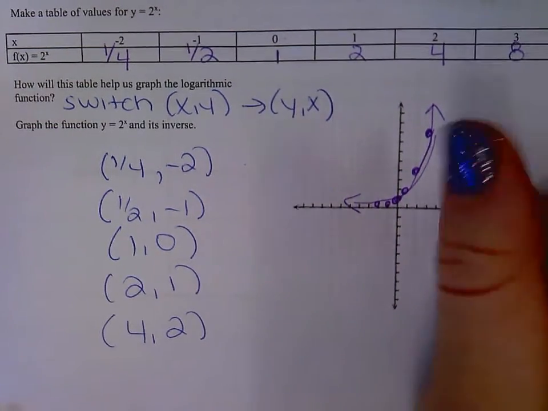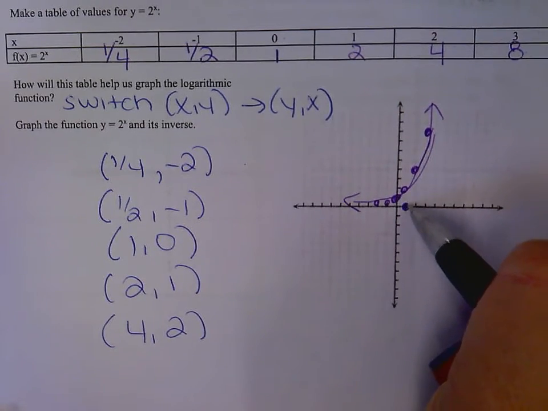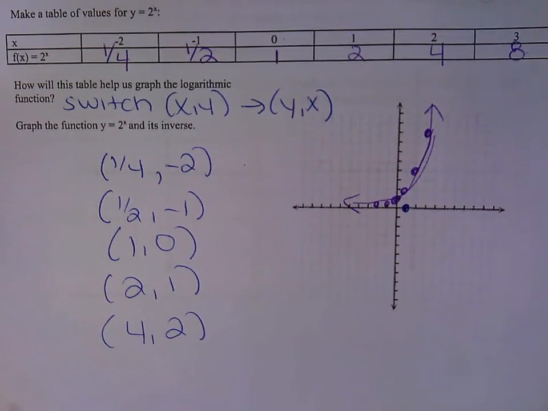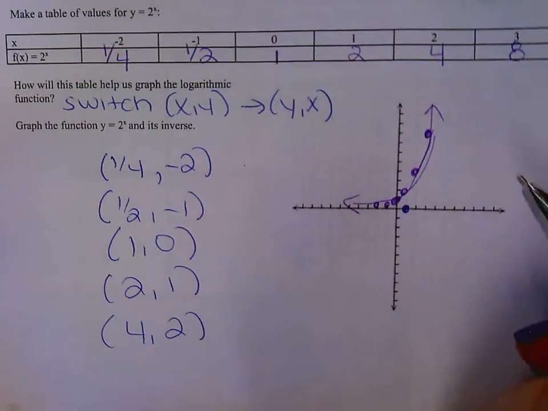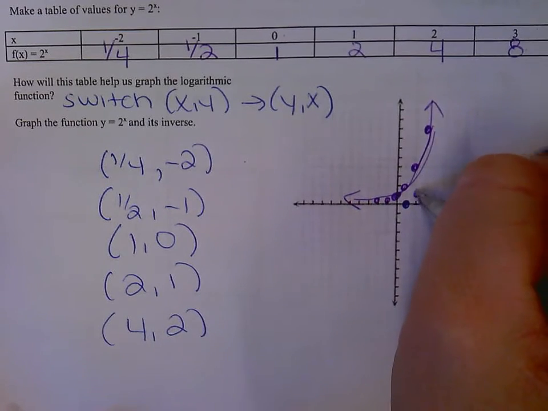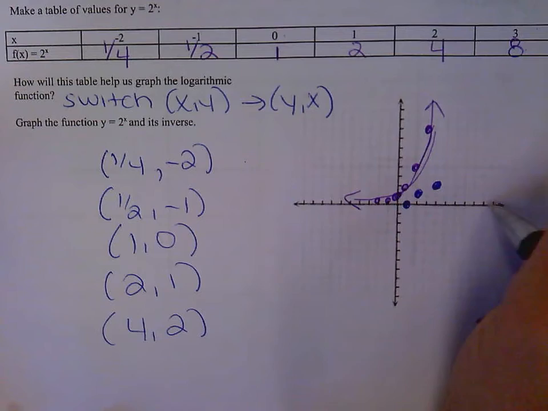So I always start at 1. Just like with exponential, I always started at 1 on the y-axis, and I'm always going to start at 1 on the x-axis. And it's going to bend this way to the right. So whatever your base is, in this case, my base is 2 to the x. I go over 2 up 1, 3, 4, over 4 up 2. If you want to go over 8 up 3, you could.